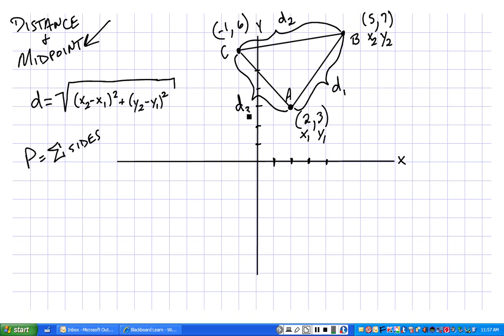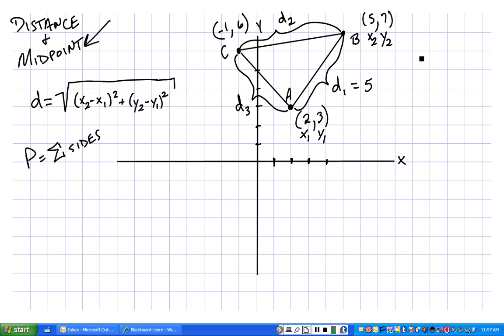So we'll find those 3 distances. So A to B, we already found that distance in our previous example, and we found that distance to be equal to 5 units.